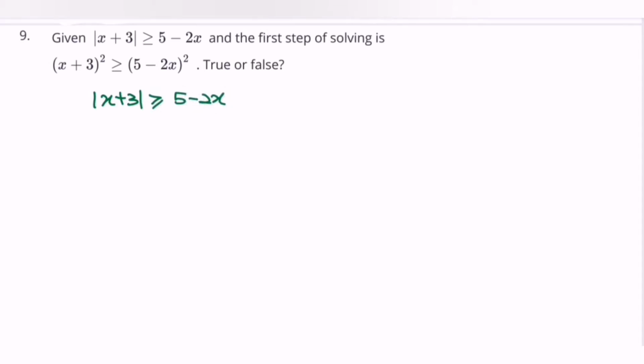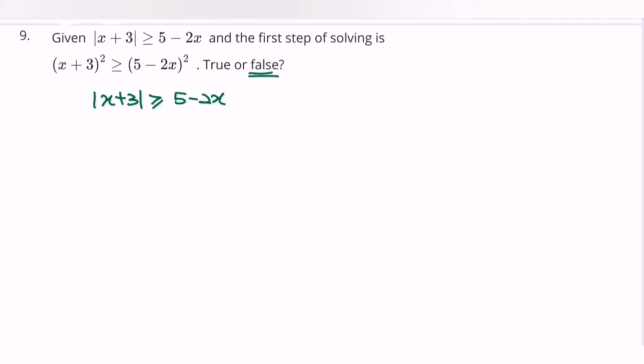So we are not allowed to use the strategy of squaring both sides. The only way to solve this kind of question is to use the definition, the OR case. So the answer is false.